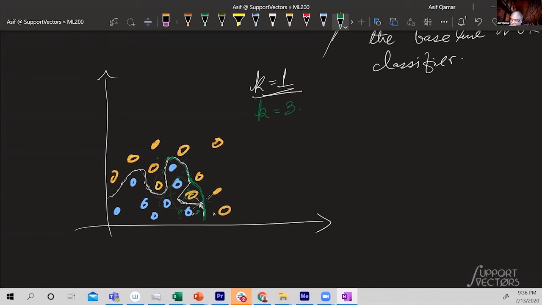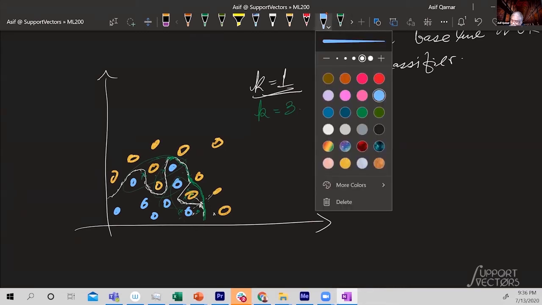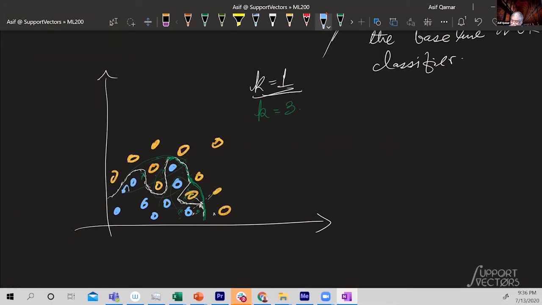If you notice, the 3 nearest neighbors are, I don't know, depending upon how you look at it. Let me cheat a little bit to simplify the picture. You would say that this is blue, this is blue. Let me make the problem a little bit more to make the meaning clear. Add some more points.